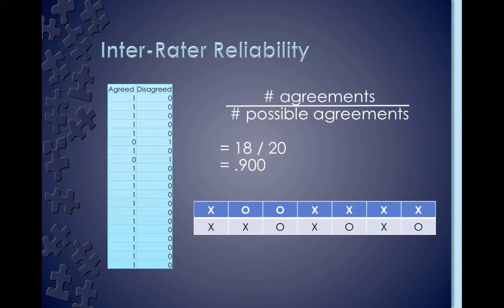X and O, non-agreement. 2 O's, yeah, that's an agreement. 2 X's, third agreement. XO, no. XX, yep. XO, no. Well, so we have 4 out of 7 agreements. Inter-rater reliability, 0.571. This is the simplest reliability coefficient to calculate.